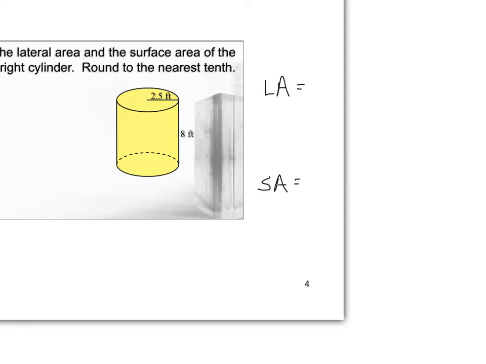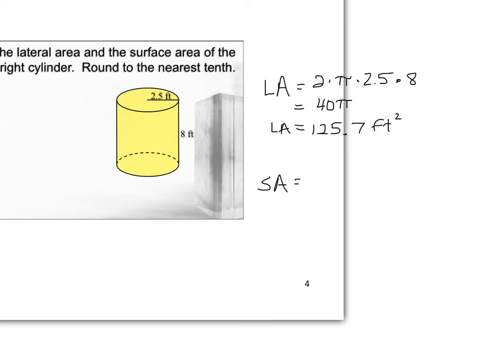Okay, now that you've hit pause, let's take a look at the actual answer. For lateral area, I want to take 2 times pi times the radius, which is 2.5, times the height of the cylinder, which is 8. So 2 pi times 2.5 times 8 ends up being 40 pi, and when I calculate that to the nearest tenth, it's 125.7 feet squared. That's the lateral area.